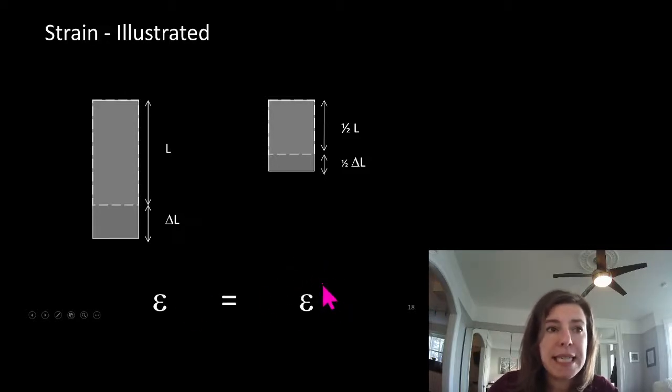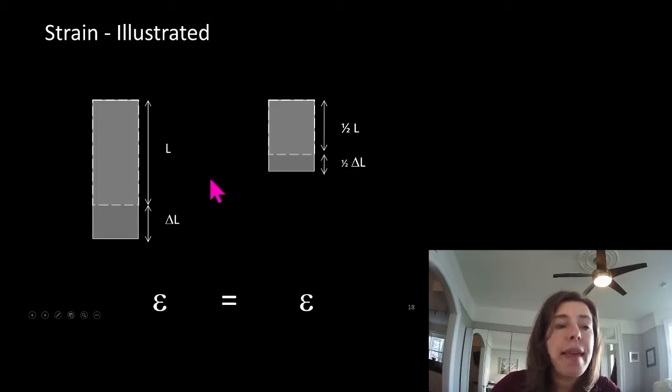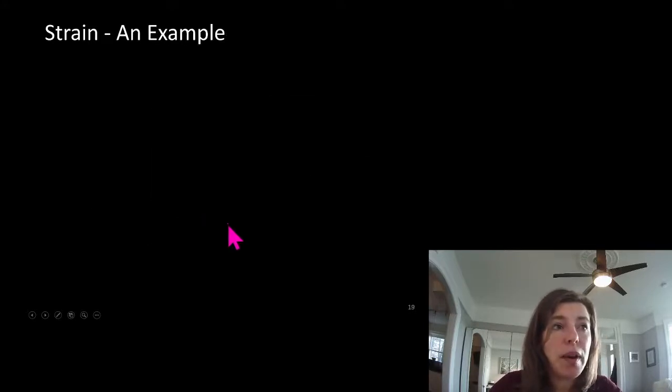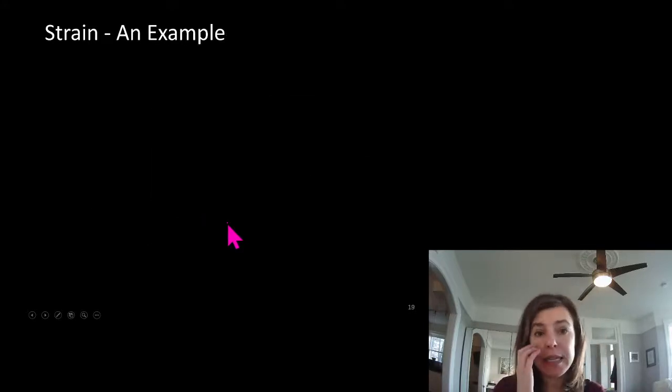Our strain is the same. So we can see that these two things experience the same strain, or they take the same amount of effort to deform, or they deform at the same ratio.